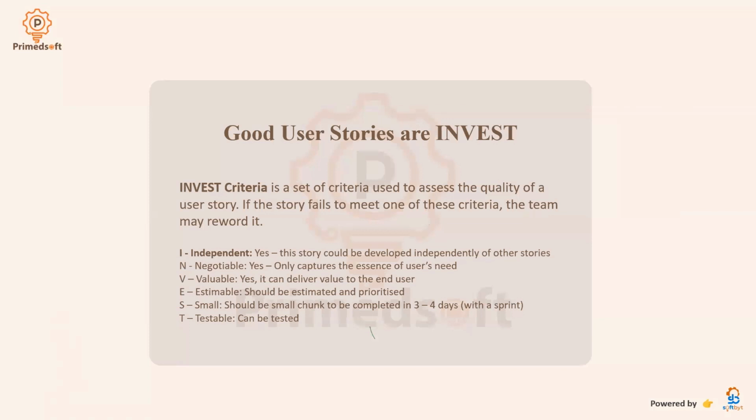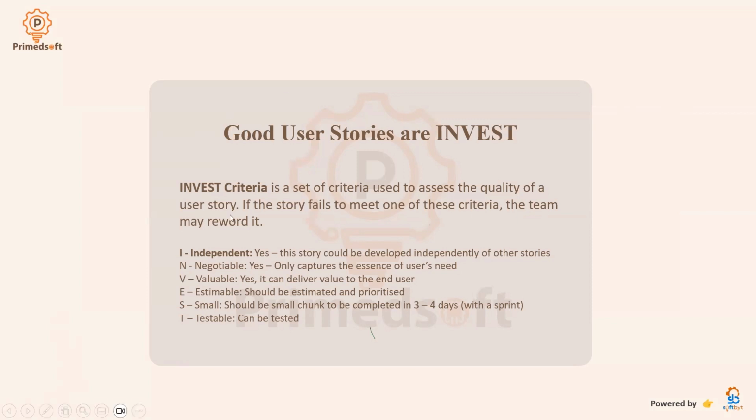Good user stories are INVEST. What does this mean? INVEST stands for independent, negotiable, valuable, estimable, small, and testable. Please, it should be in your CV. INVEST criteria. That's how you used to write your story.